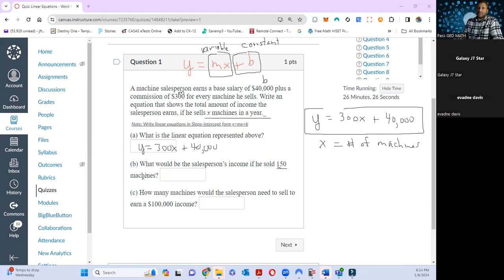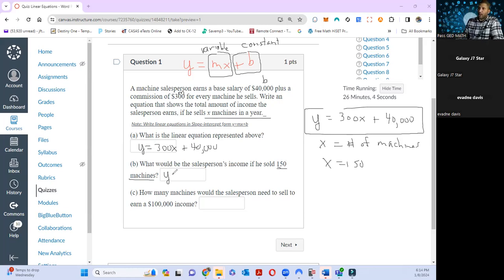What they're basically telling you in words is that x equals 150, because x is the number of machines. So now all you're going to do is substitute that into this equation to solve for y, because y is how much the person makes.